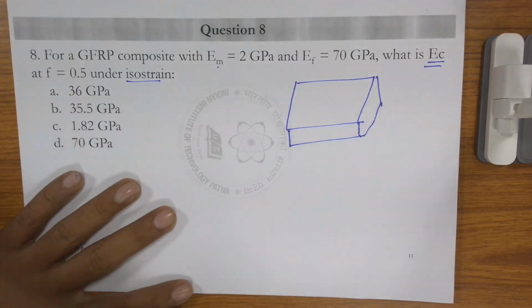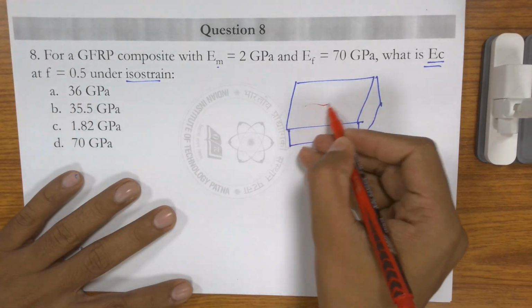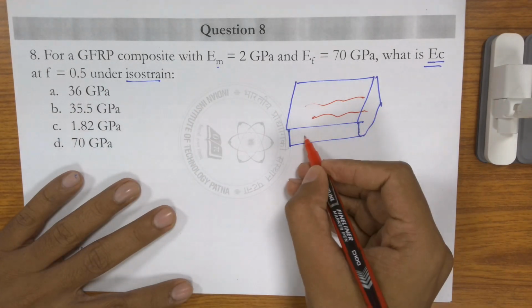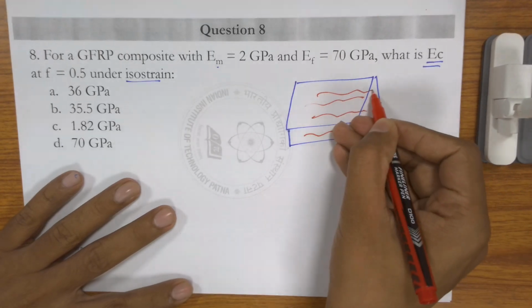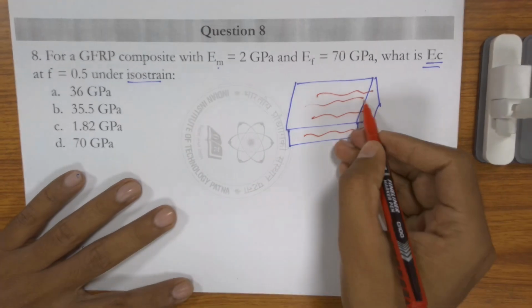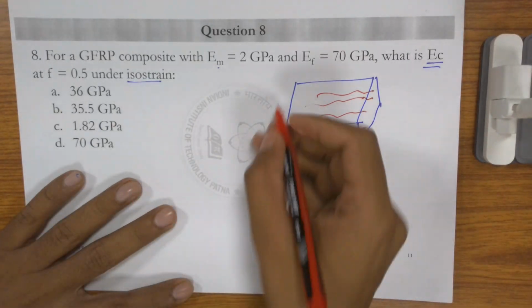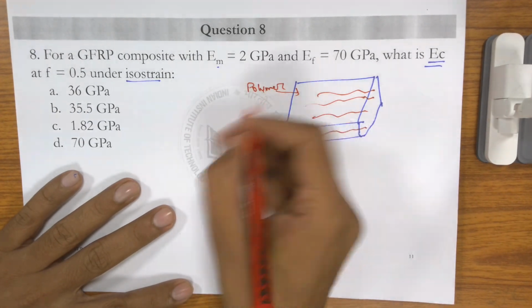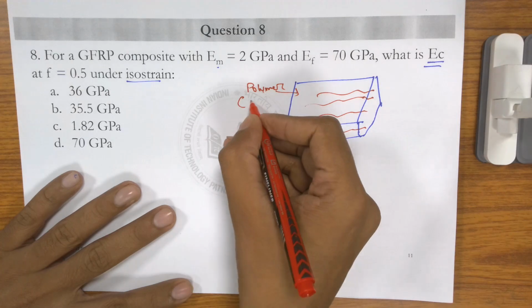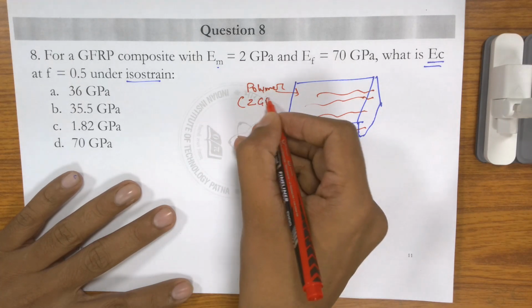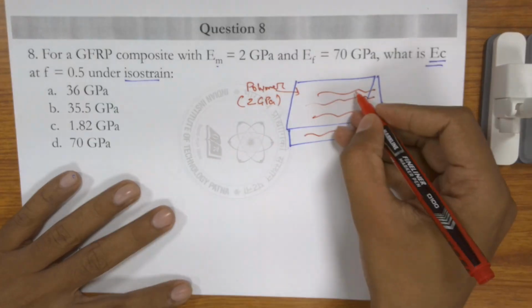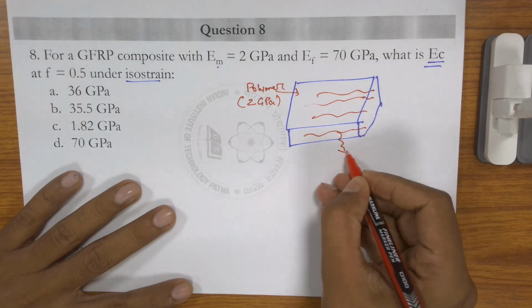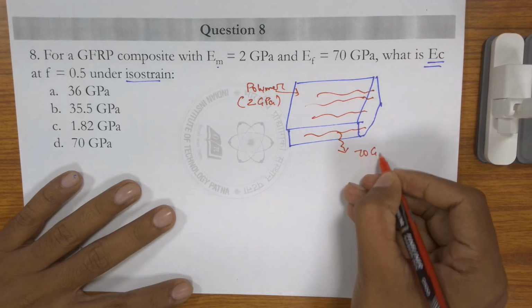Here we added some fiber. And this was the polymer. The polymer modulus is given to us, that is 2 GPa. This fiber's modulus is also given to us, which is 70 GPa.